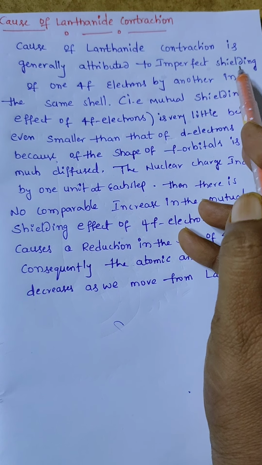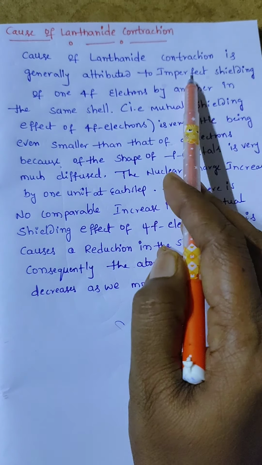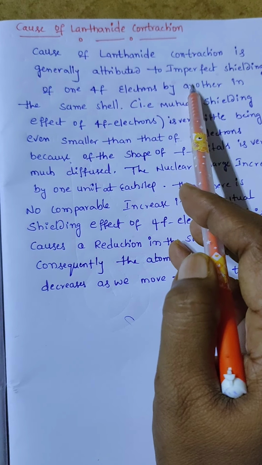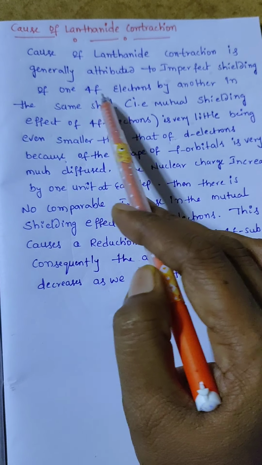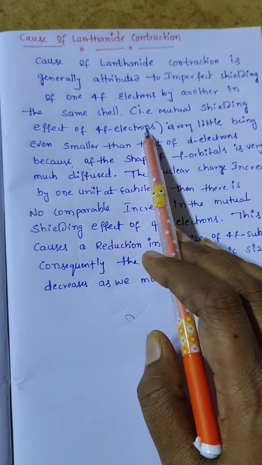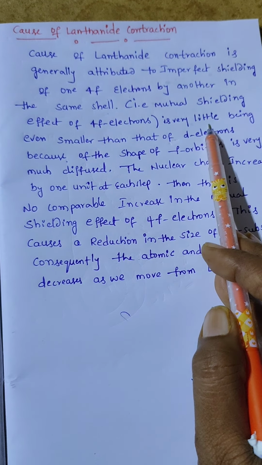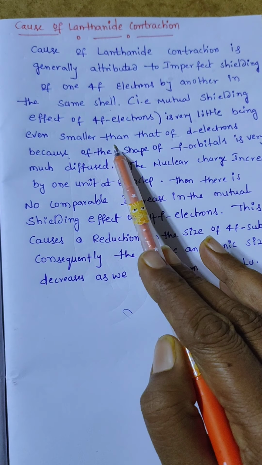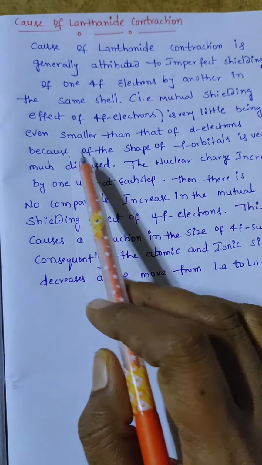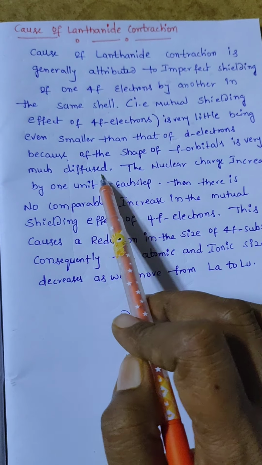So now you know what shielding is. The cause of lanthanide contraction is generally attributed to imperfect shielding of 4f electrons by another in the same shell. That is, the mutual shielding effect of 4f electrons is very little, being even smaller than that of d electrons, because the shape of f orbitals is very diffused.